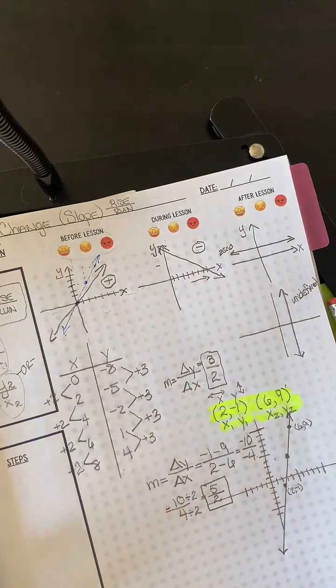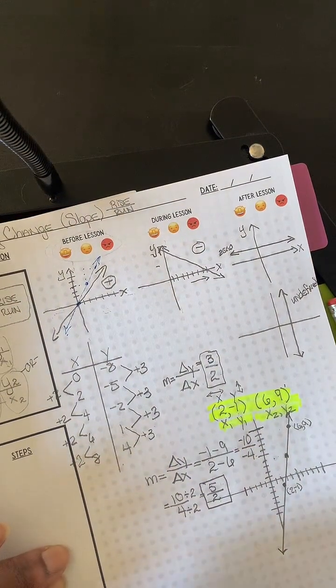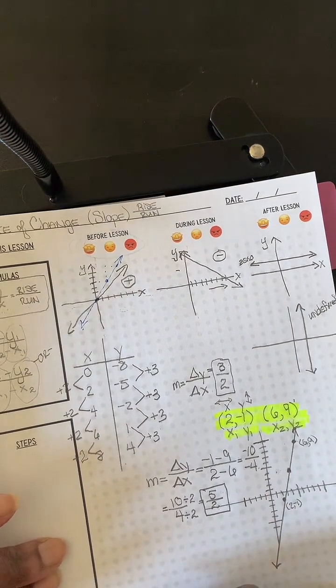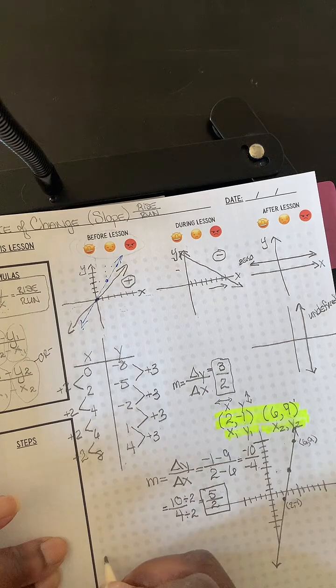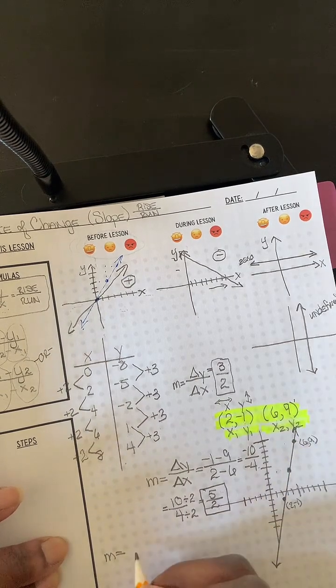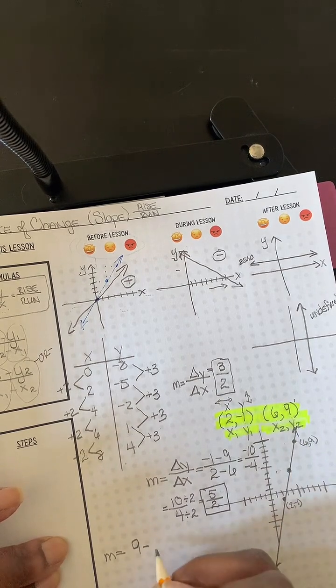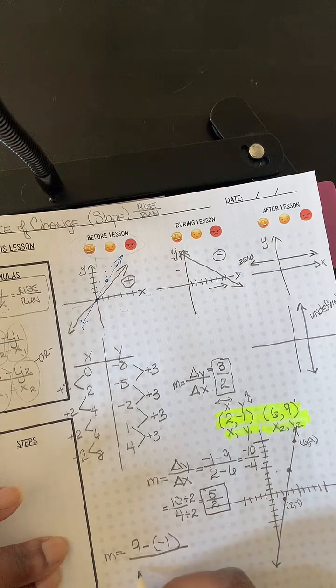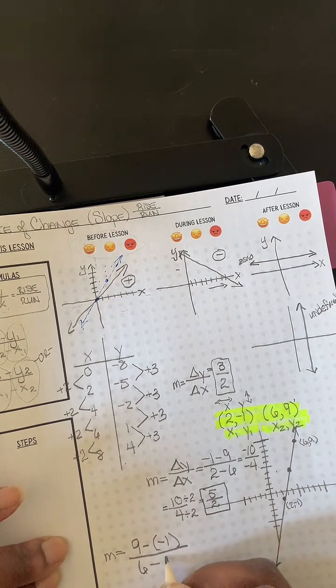If you don't believe me, let me switch it up. If I go for my slope and go backwards, I say 9 minus -1 over 6 minus 2.